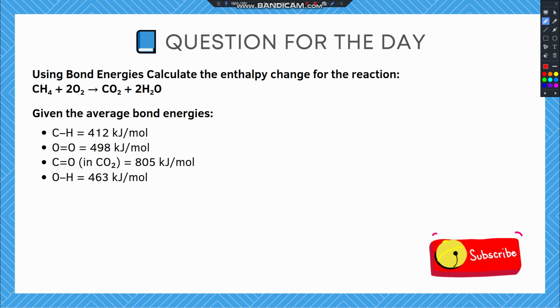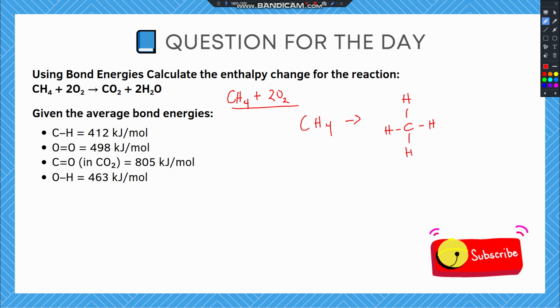For the reactants, which are CH4 plus 2O2, let's get the total energy for the bonds that have been broken. First of all, we have CH4. CH4 has this structure, C linked to 4 atoms of hydrogen. From the average bond energies, we see that the C-H bond has an energy of 412 kilojoules per mole.